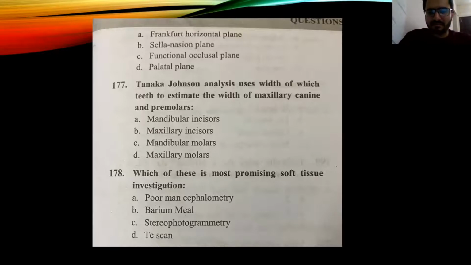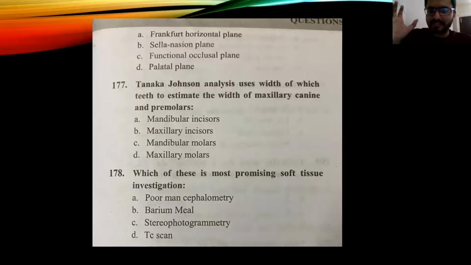What is mixed dentition? Mixed dentition mainly means your incisors have erupted, your first molar has erupted. Now the teeth between these two sets are sandwiched, right? They are not erupted yet: canines and your primary molars. They have to exfoliate, then your permanent teeth are going to come. So you have to estimate whether this space is enough or not.